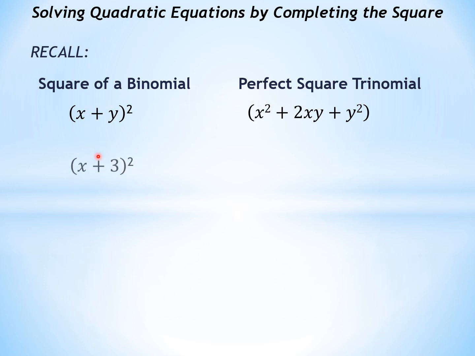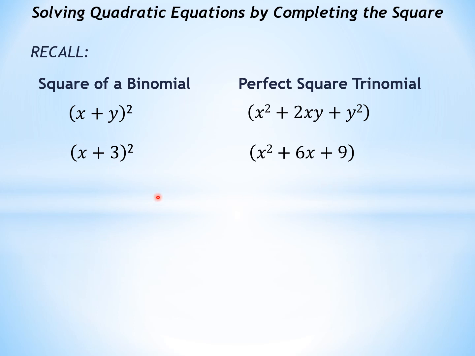Isa pang example: the quantity of x plus 3 squared. Una, x times x, x squared. Then, x times 3, that is 3x, double natin, magiging 6x. Then the last, multiply natin sa sarili niya, 3 times 3, magiging 9.